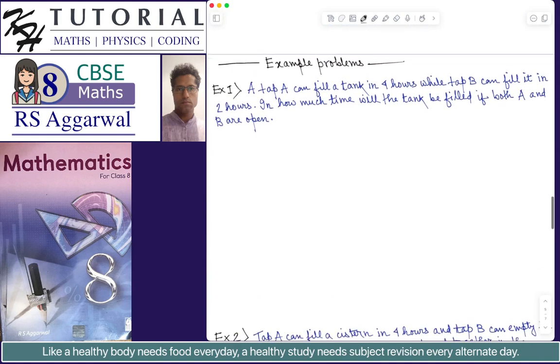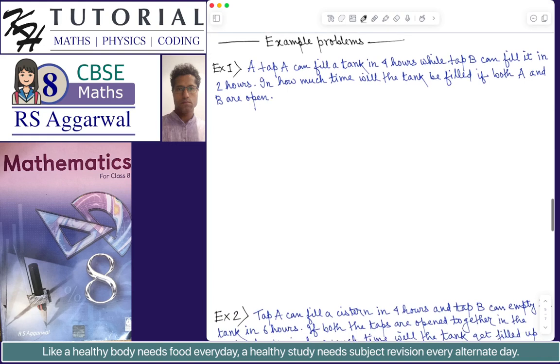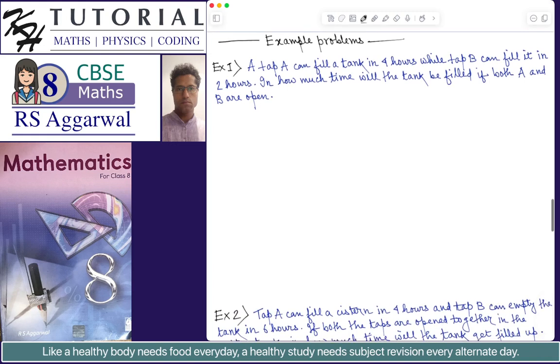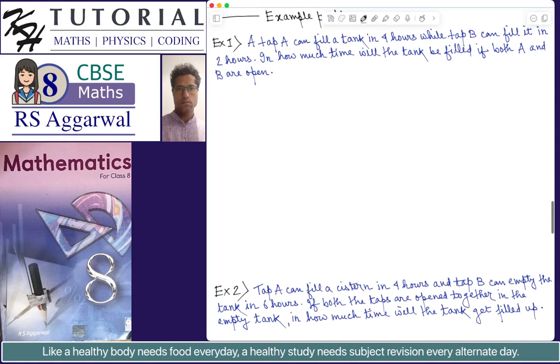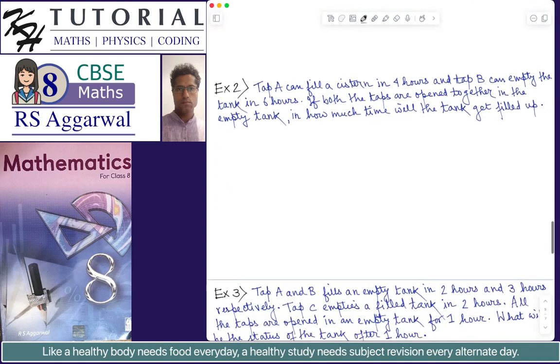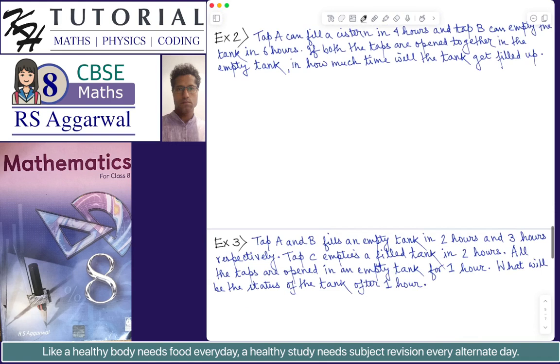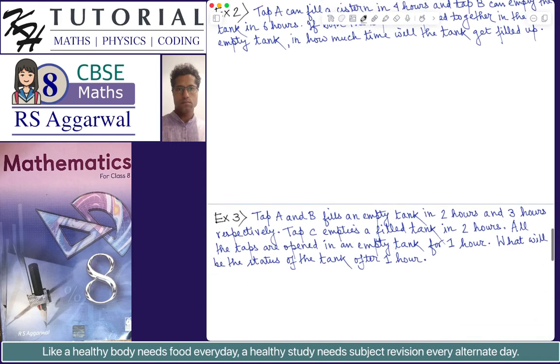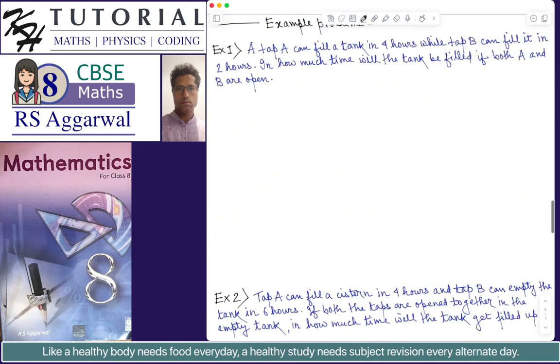These example problems are mostly taken from the example problems of the textbook of author RS Aggarwal. So I'm not going to solve any exercise problems in this video. In the next video, I will solve the remaining problems of exercise 13A from the textbook of author RS Aggarwal, which are based on pipes and cisterns. That will be the next video.